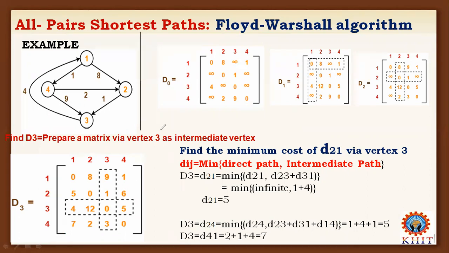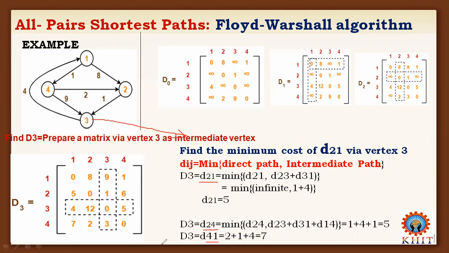Okay. So here the intermediate vertex is 3. 3 is to be considered as an intermediate vertex. Now here, if you observe, the changes made from D2 to D3 are effective in three cases, whenever we are finding the value of D of 21, D of 24 and D of 41.